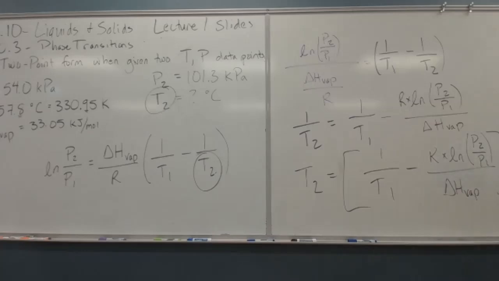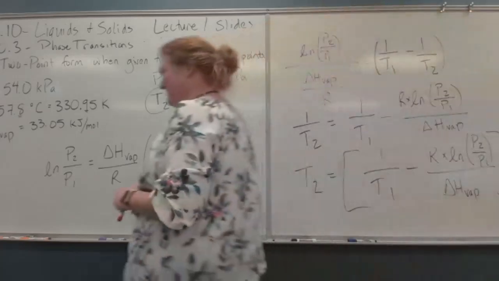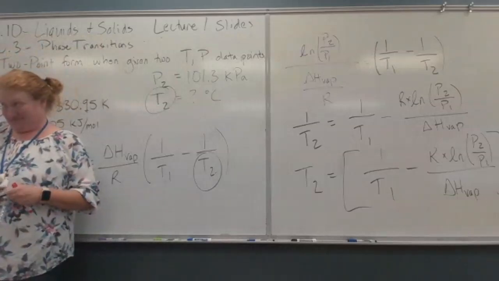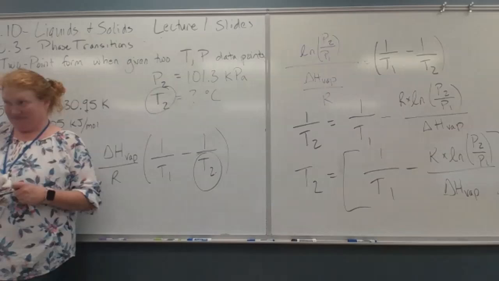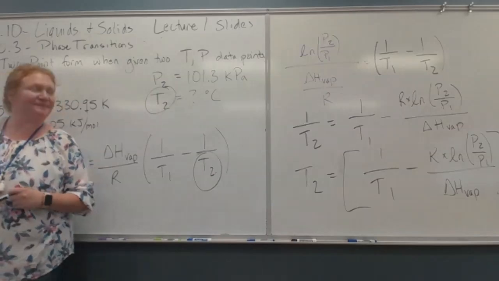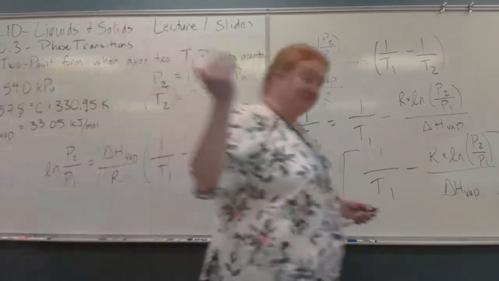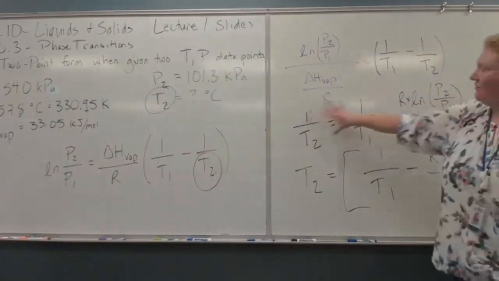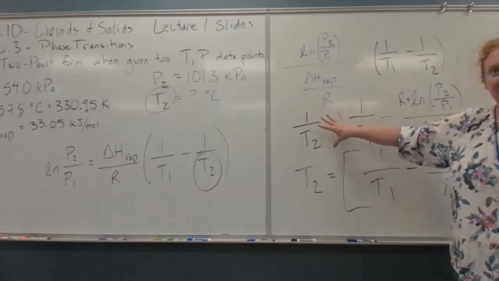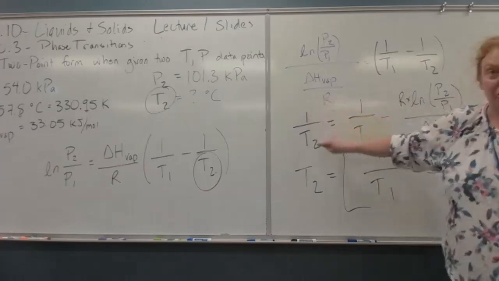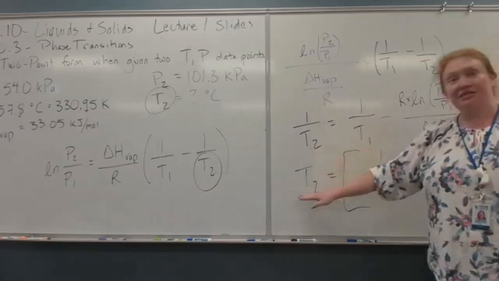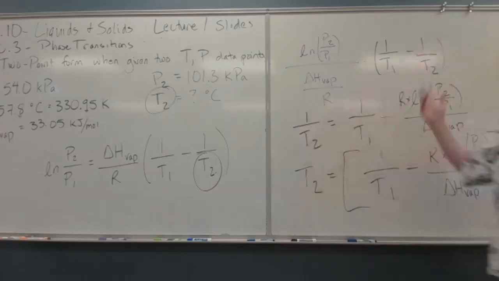That's what you got too? Y'all see how I did that? Did I go too fast? So remember, when I rearranged to this point, I had 1 over T2. That's the inverse. In order to have just T2, I have to take the inverse of both sides.